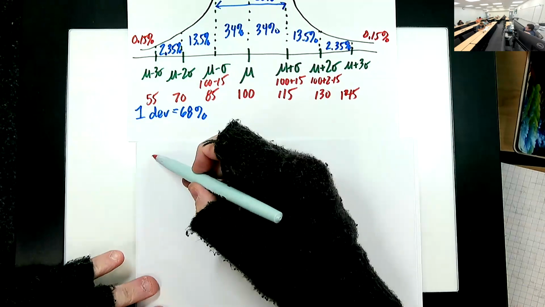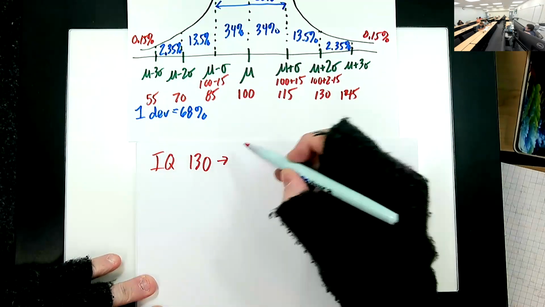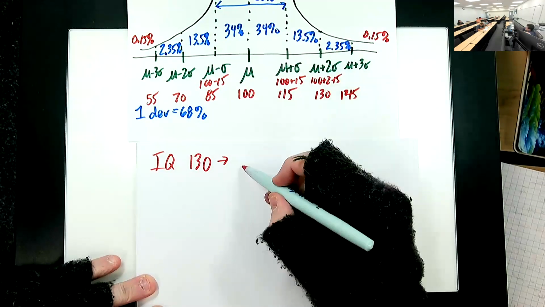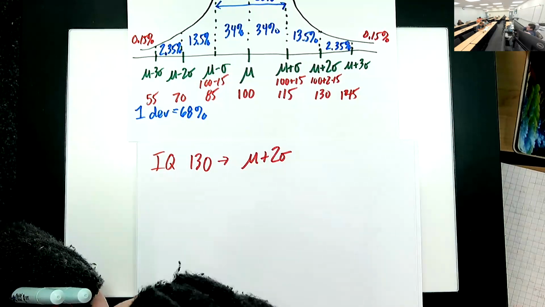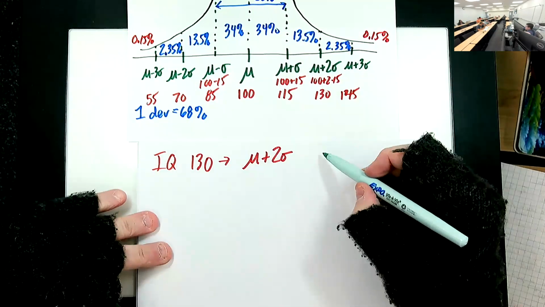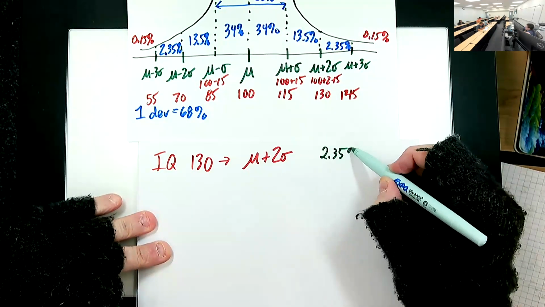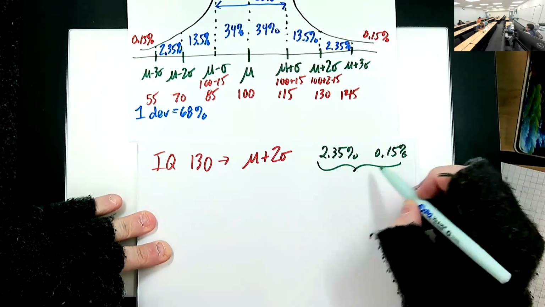So someone that has an IQ of 130 is going up to the mu plus 2 sigma. Look at what's higher. We have 2.35% and 0.15%. This is 2.5%.